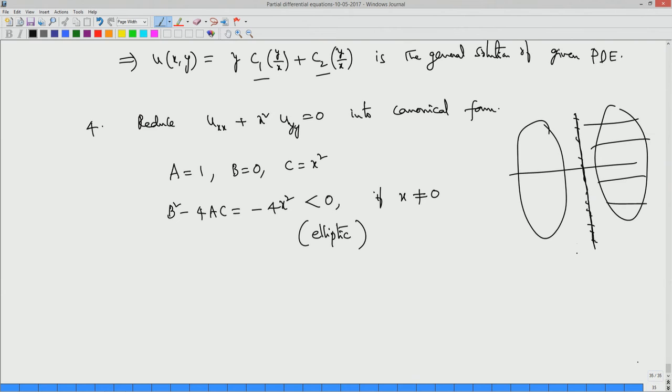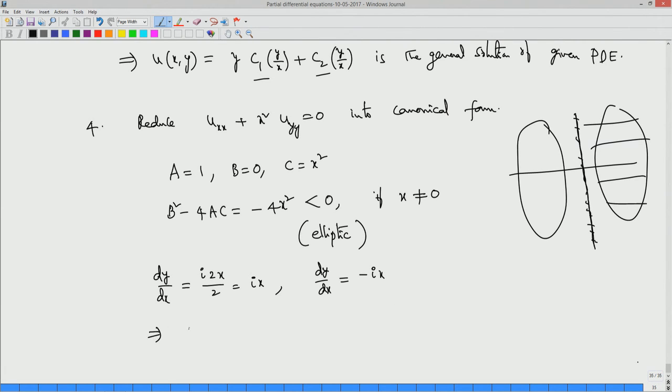So, the ordinary differential equations for the new variables here is dy by dx equal to minus b plus square root of b square minus 4ac, that will give me i times 2x by 2a, so that is 2. So, you have ix. The other one, dy by dx equal to minus square root of b square minus 4ac, that is going to be minus ix.